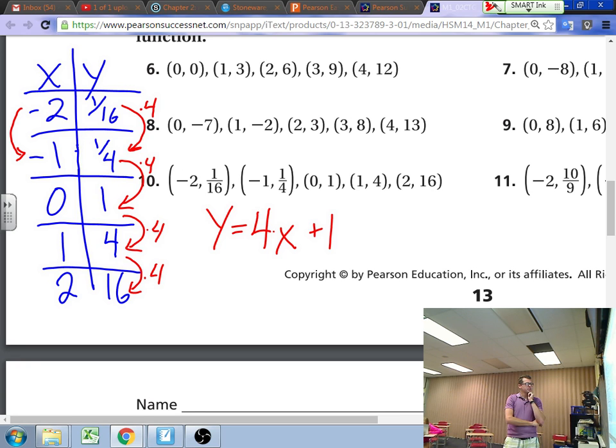We have our points in there, right? -2 and 1/16. That would work for the positive, but it doesn't even work here, because if I plugged in x is 1, 4 times 1 plus 1 would give me 5. So this isn't going to work out at all.